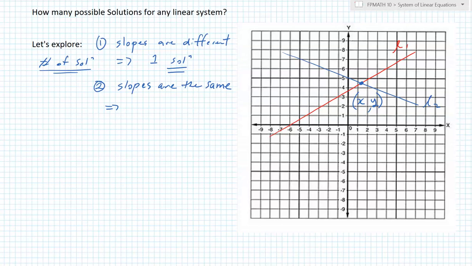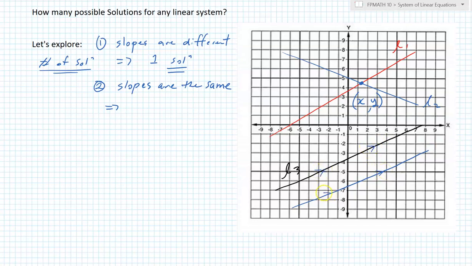Number two, let's suppose that their slopes are the same. What does that mean? What kind of a line is that? Well, let's draw a couple of lines. I'm going to draw one line here, just call that L3. And I'm going to draw another line right beside it, and I'm going to put a couple of arrows on them.